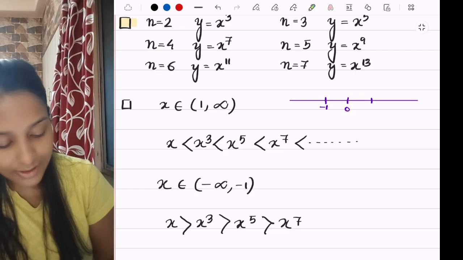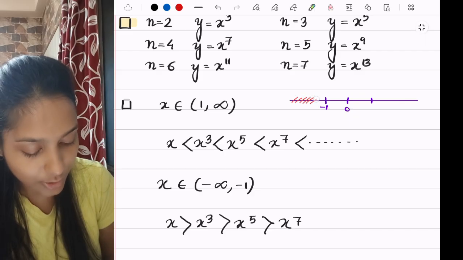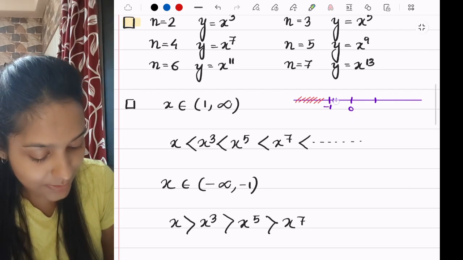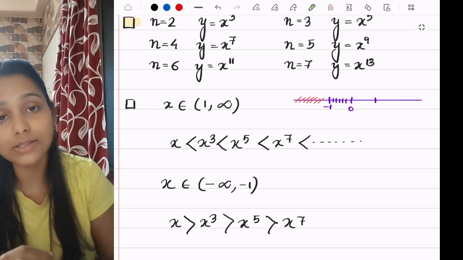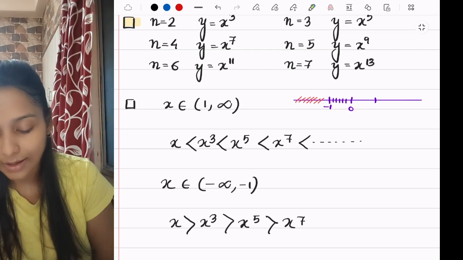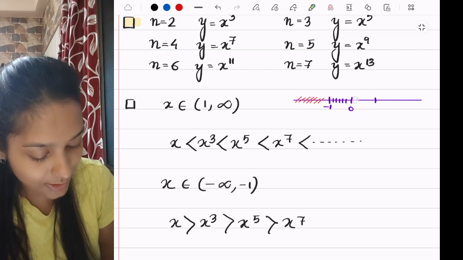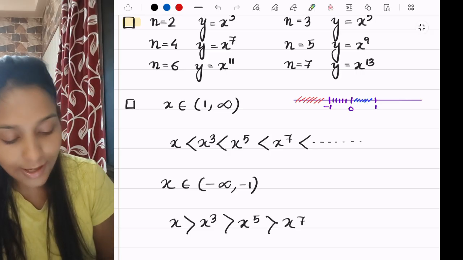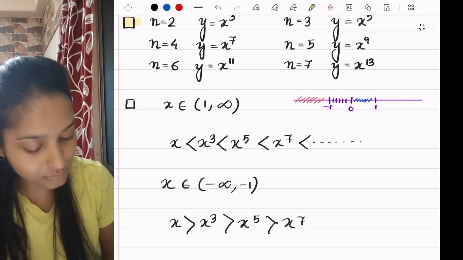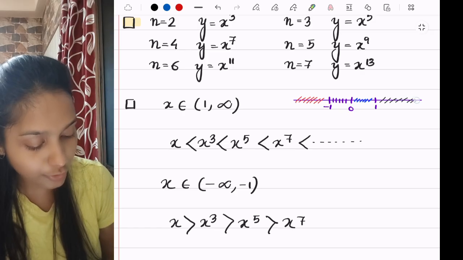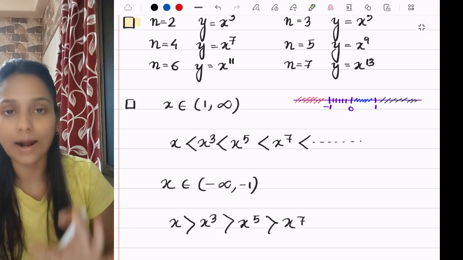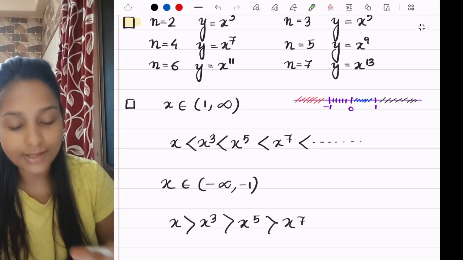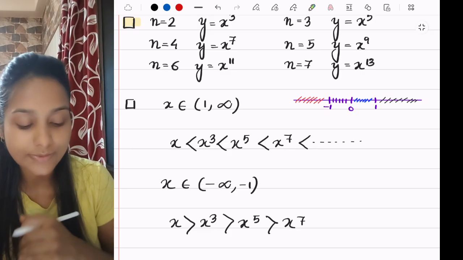One part is less than minus 1, which is this part. The next part is between minus 1 and 0. The next part is between 0 and 1. This is 1, and the last part is greater than 1. So for these four parts of the real line, we will get four different properties and four different inequalities.